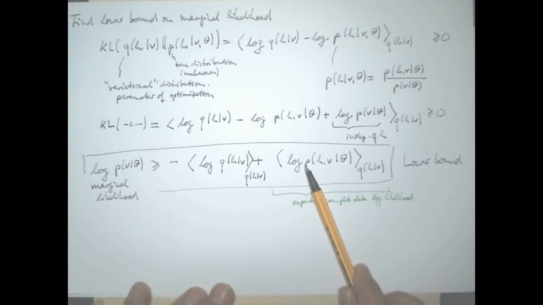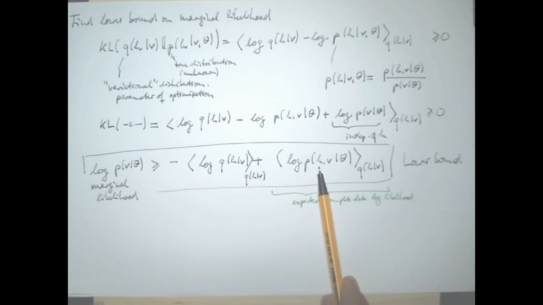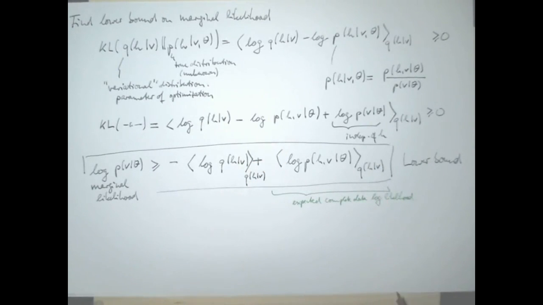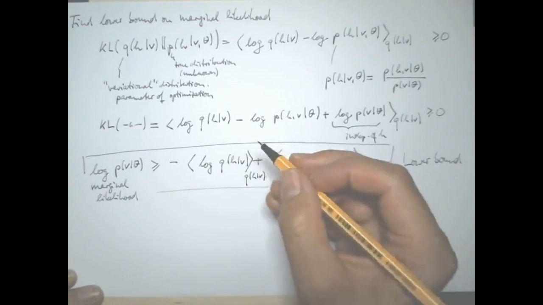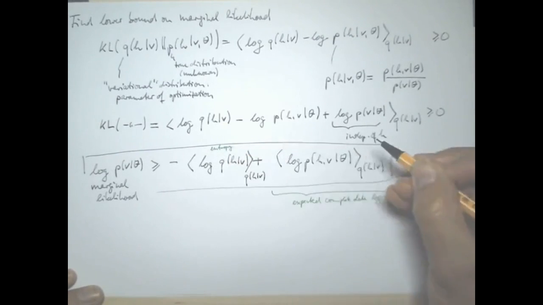It's complete because it involves both the hidden and the visible variables. And it's expected because we take the expectation with respect to this variational distribution over my hidden variables. Or in physical terms, the first term here looks like an entropy, and the second looks like an energy.